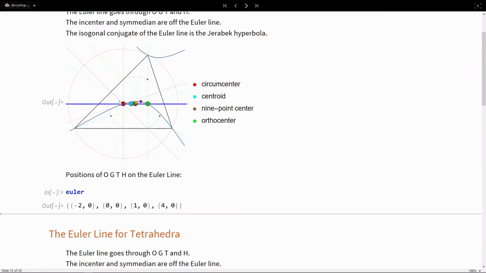If you know the centroid and the circumcenter, then going in the opposite direction twice that gives the orthocenter. The distance relation between these 4 points is fixed. One, twice that in the opposite direction, the next one 4 times that in the other direction is the next one.